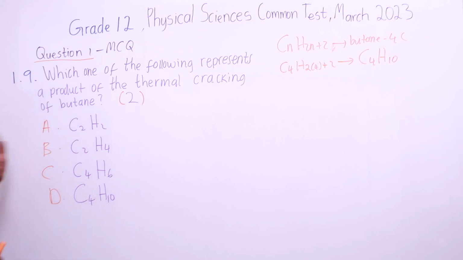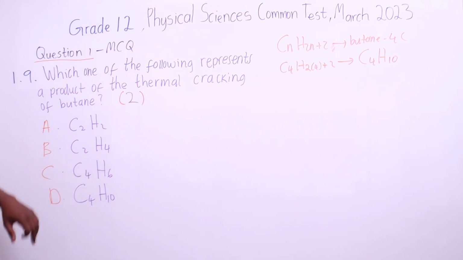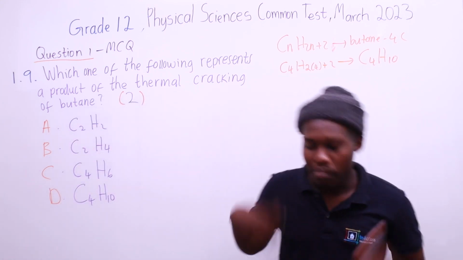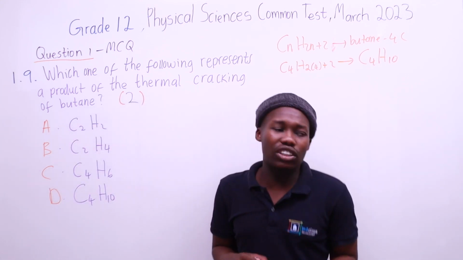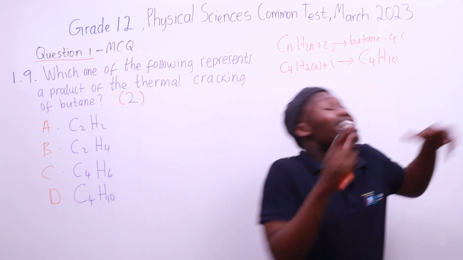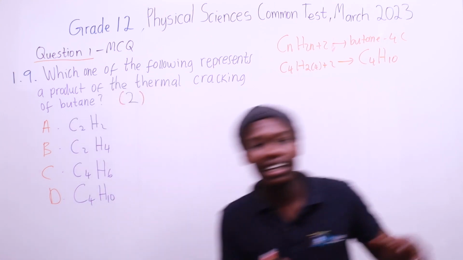So which one of the following: C2H2, C2H4, C4H6, C4H10? When they heat it, they are trying to change this saturated hydrocarbon into an unsaturated one, from being an alkane to being an alkene.